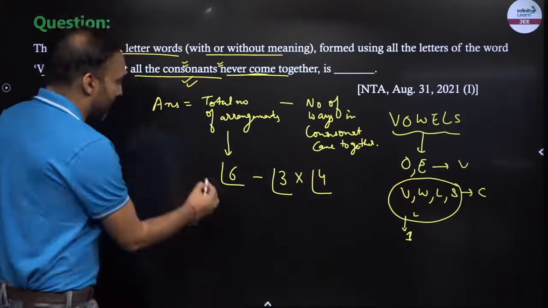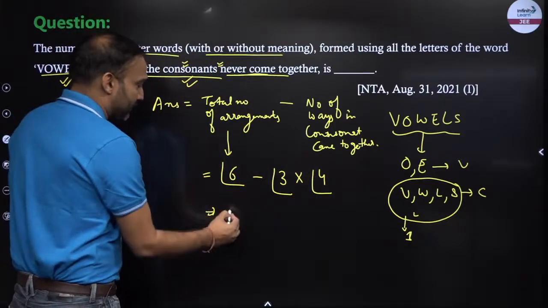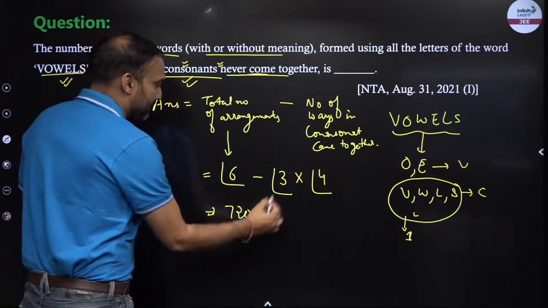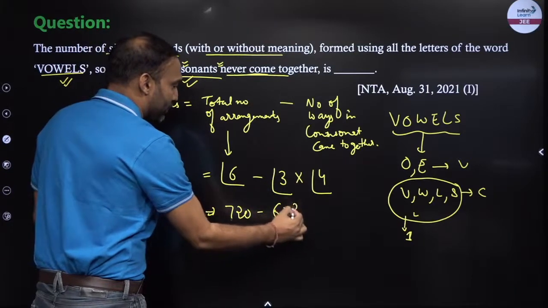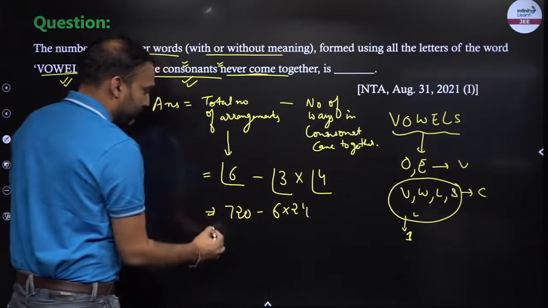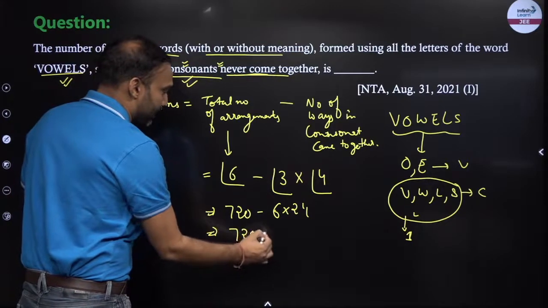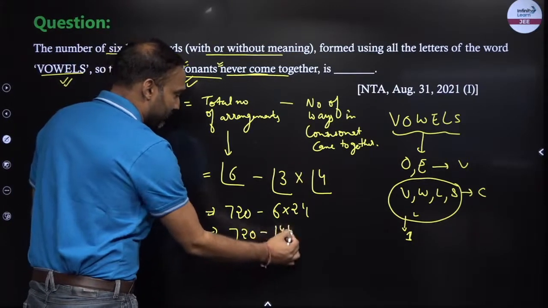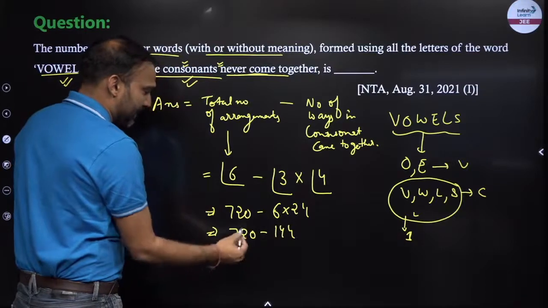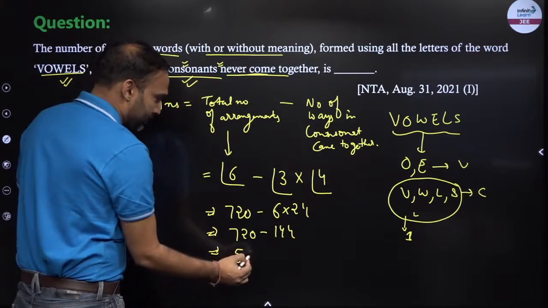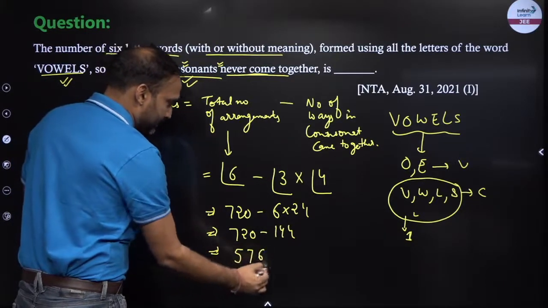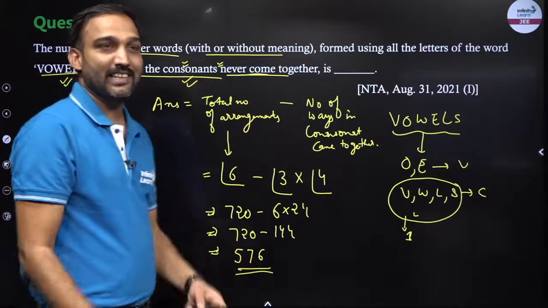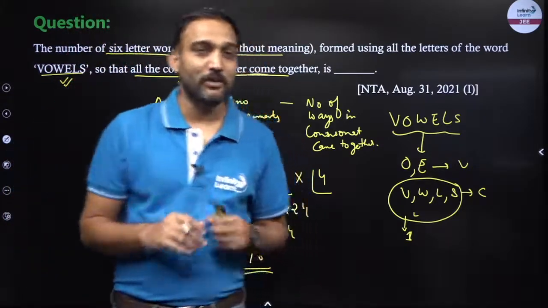So my total value would be factorial 6, that is 720, minus factorial 3 into factorial 4, which is 6 into 24. So your answer is 720 minus 144, which is 576. So 576 would be the correct answer for this particular example.